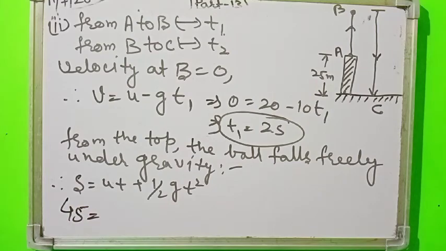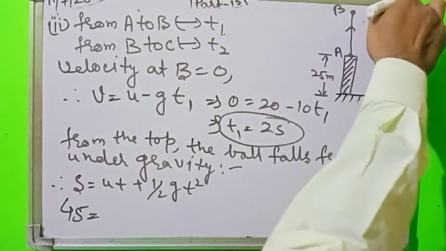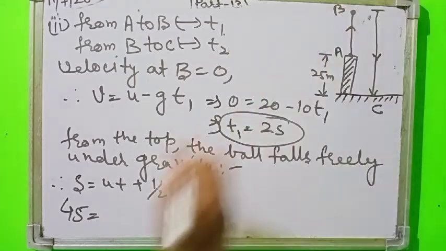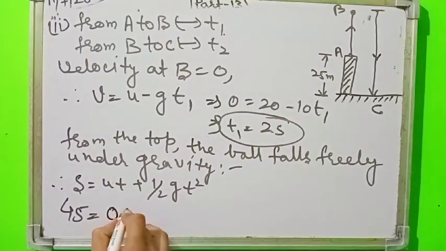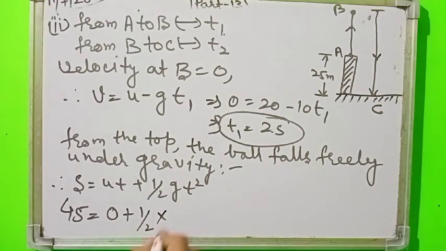45 meters is equal to, from point B the ball is at rest, so initial velocity is 0, plus half into acceleration due to gravity, 10, into t2 square.